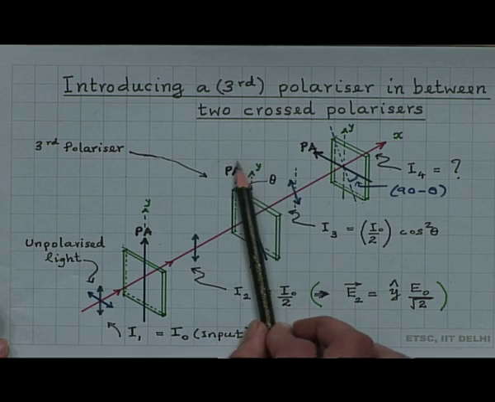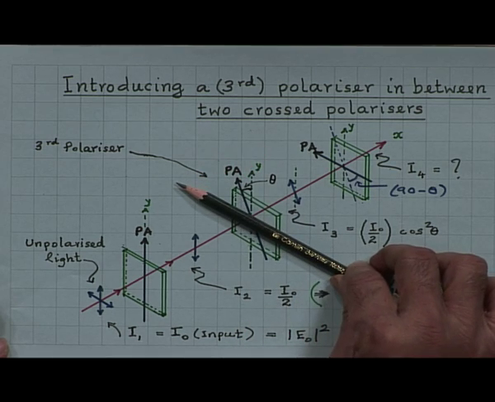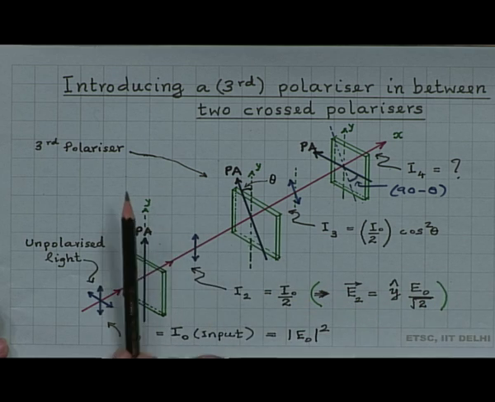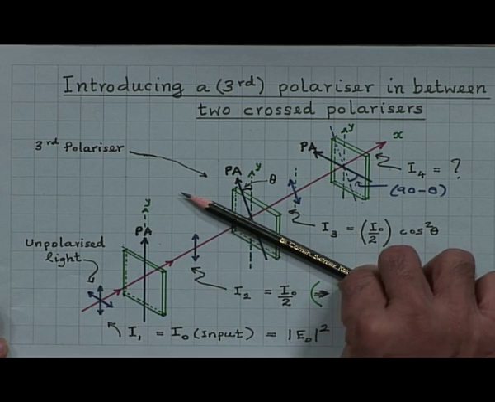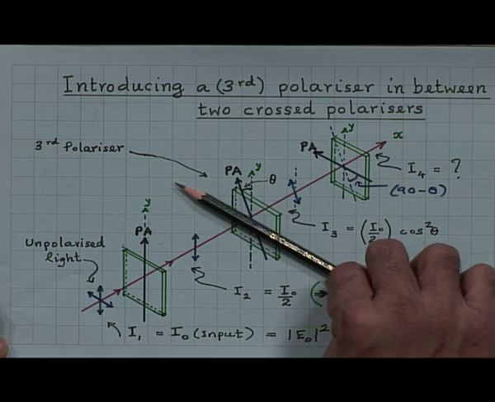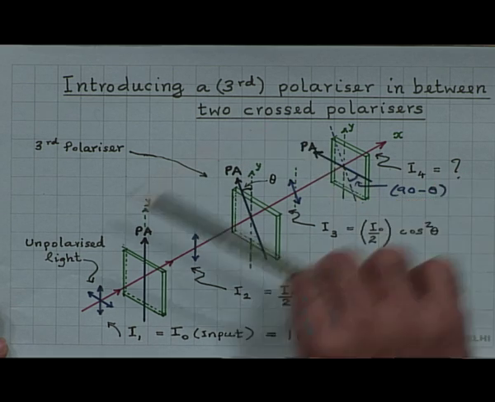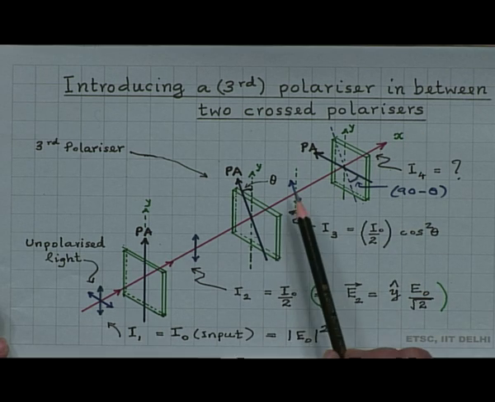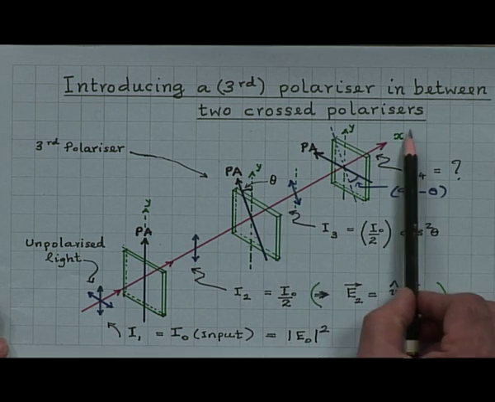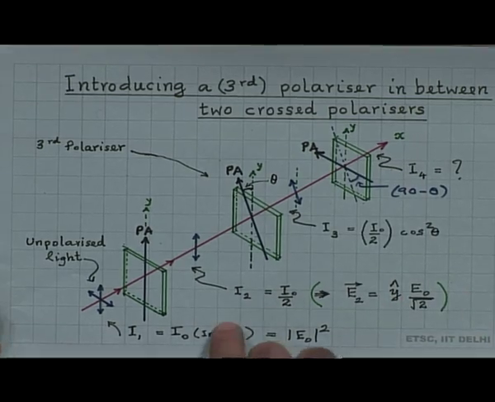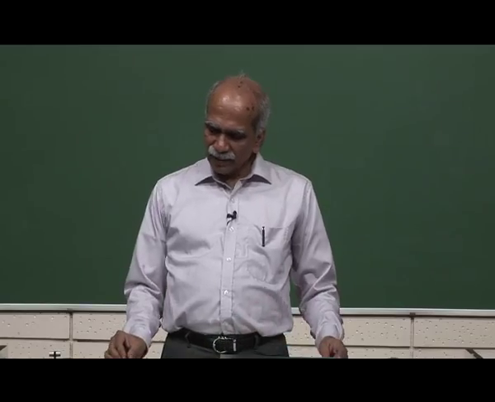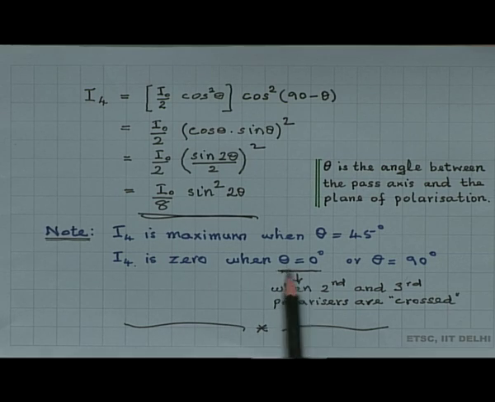If theta is equal to 90, which means this rotates like this, then the first polarizer and the third polarizer are at 90 degrees, although the third is parallel to the second, and again the output is 0. Output is 0 here itself, and therefore, output here is 0. That is what the mathematics shows, that I 4 is 0 when theta is equal to 0 and theta is equal to 90 degrees.